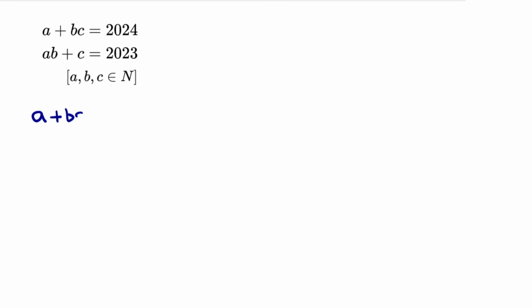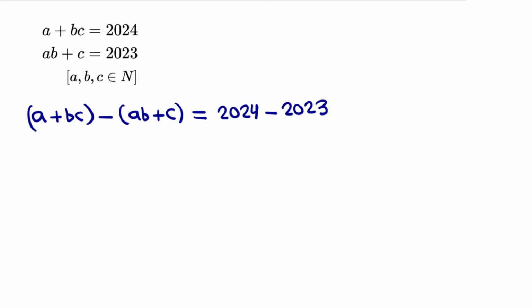A + BC minus (AB + C) equals 2024 minus 2023. On the right side, 2024 minus 2023 is just 1.